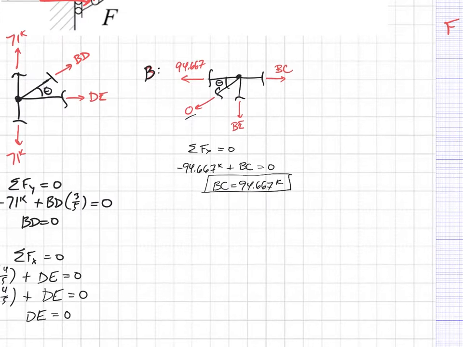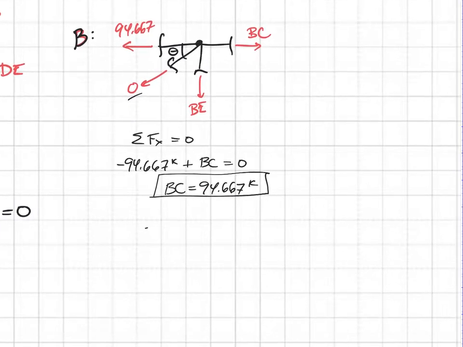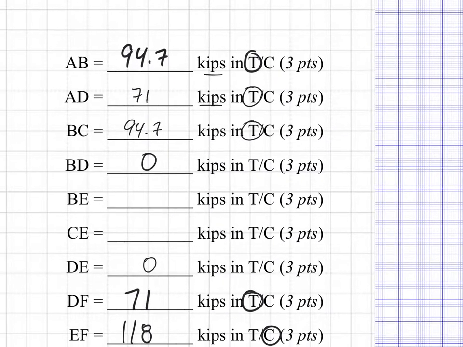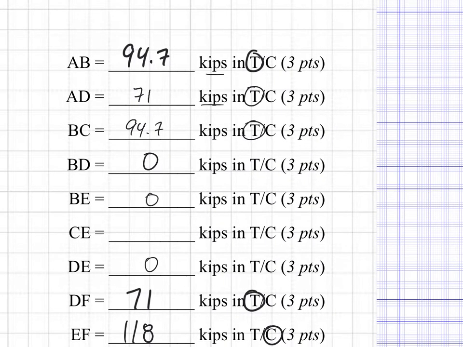All right, okay. Now we'll do the y direction. In the y direction, I'm not worried about this one because it has a 0, so it's just basically negative BE equals 0. So BE equals 0. That's nice and clean.